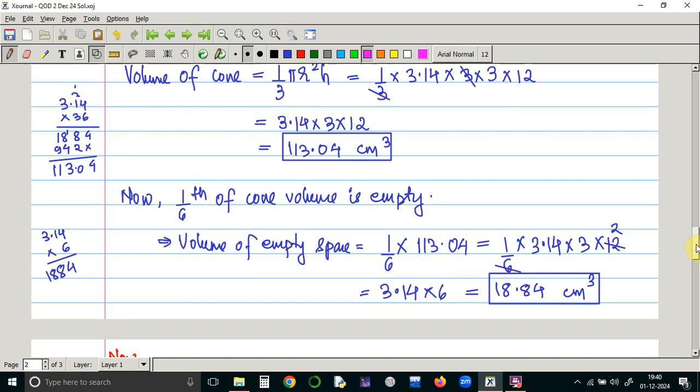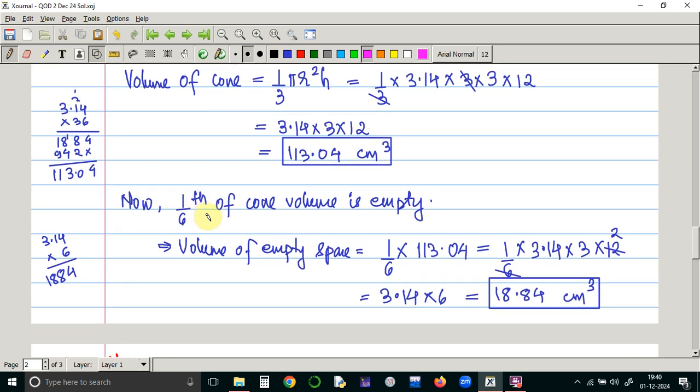Now it's time to find the empty space in the cone. It is given that 1/6 of the total volume of the cone is empty. So the volume of empty space is 1/6 of this. This is my total volume of the cone. Now instead of dividing it, instead of 113.04, I am writing the multiplication part of it.